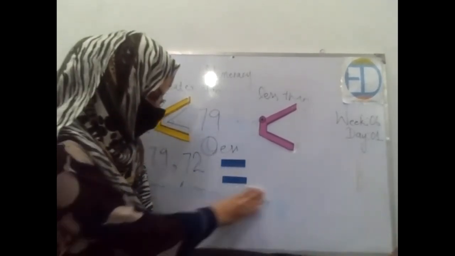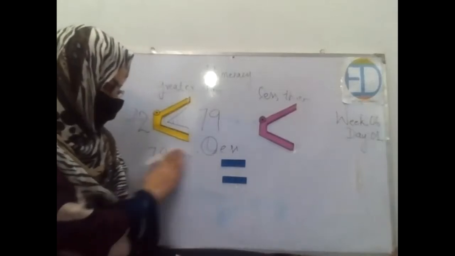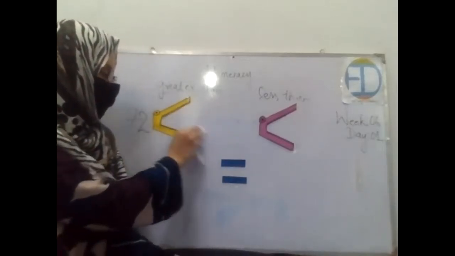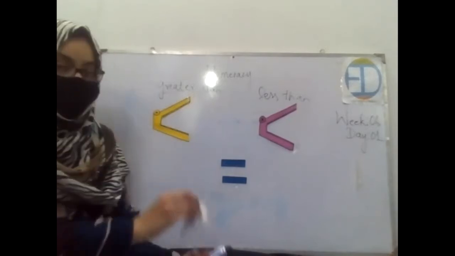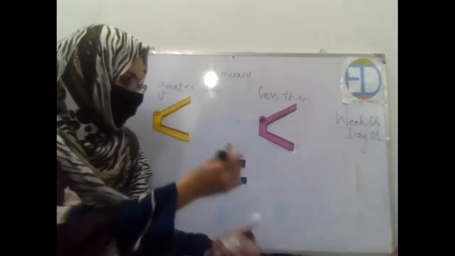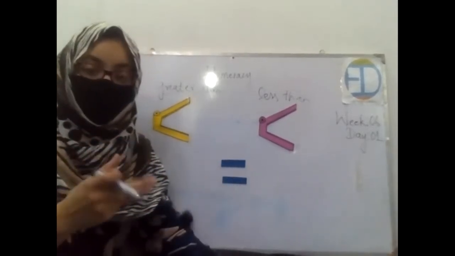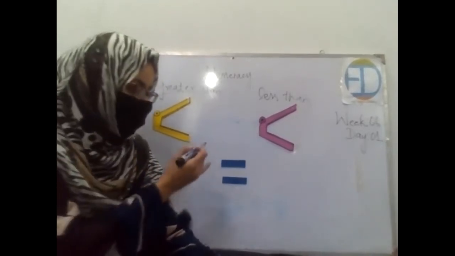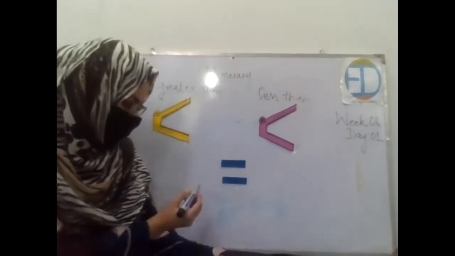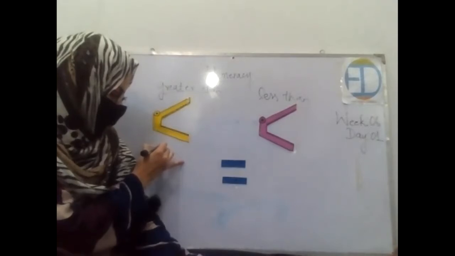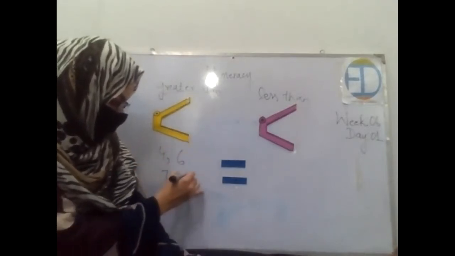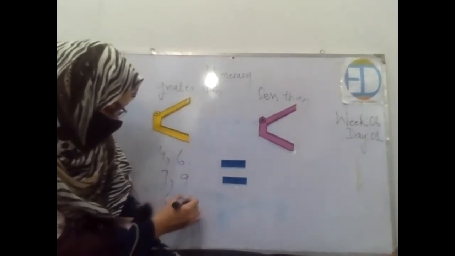Another thing which we will be discussing today is equal to. You must get an idea through the name of it, that equal to means the two numbers are equal to each other, which means they are the same, and we will be using this sign. Let's say there are three pairs: 4 and 6, 7 and 9, and the last pair is 6 and 6.